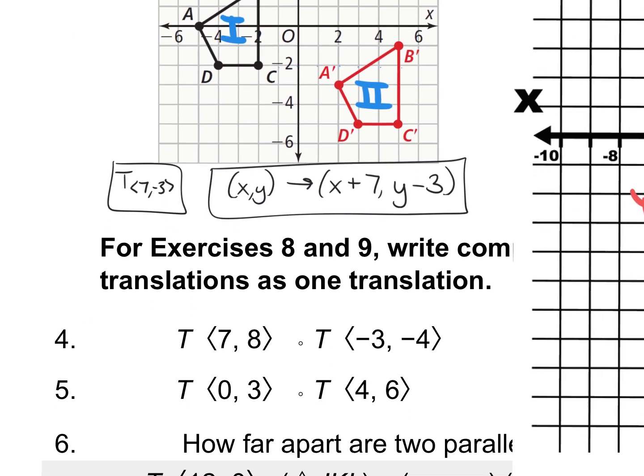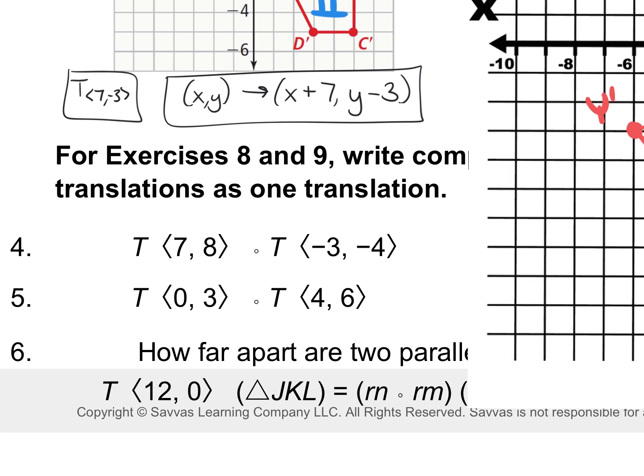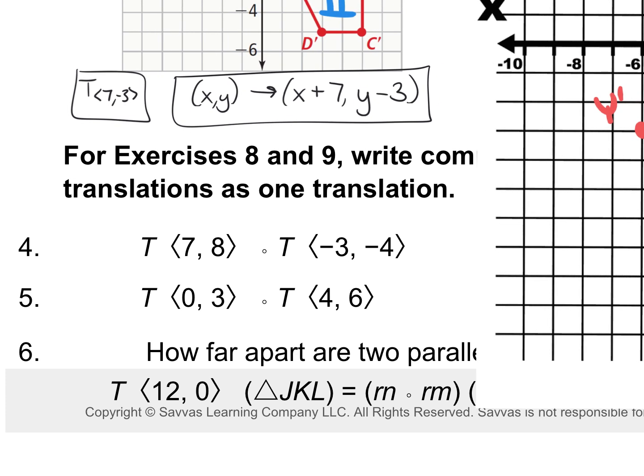Let's look at number 8 and 9. It wants us to turn 2 translations into 1, so we're doing compositions. When they're written in this form, what are we doing? We're adding them together, right? So 7 plus a negative 3 gives us 4. And then 8 plus a negative 4 is 4.